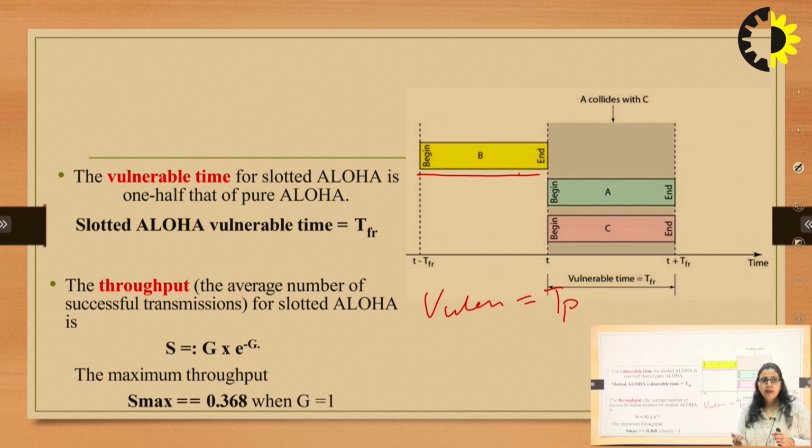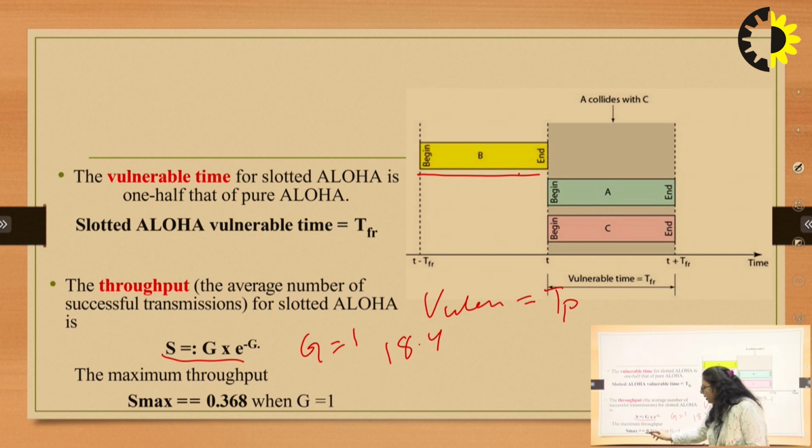So the vulnerable time has been reduced, and in this case the throughput is S equals G into E raised to the power minus G. Earlier it was S equals G into E raised to the power minus 2G. In this way, the value of G is equal to 1. Earlier it was G equals half, which gets the maximum throughput of 18.4%.